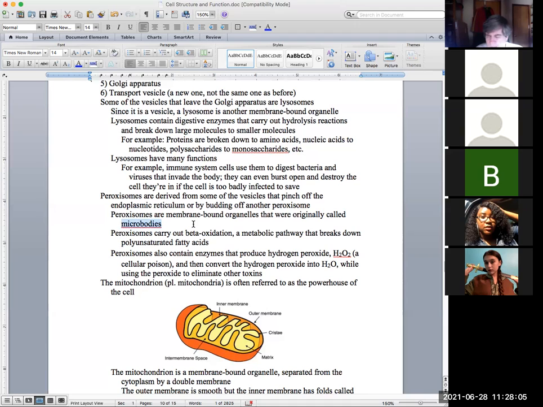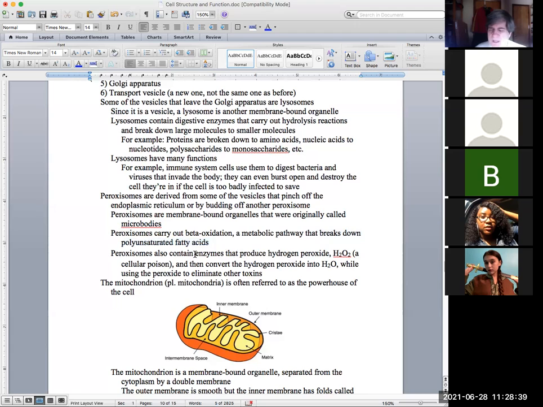That's the older name for them. And peroxisomes do two main things. They carry out a process called beta oxidation. And beta oxidation breaks down polyunsaturated fatty acids. Remember, unsaturated fatty acids have a double bond between two carbons. Polyunsaturated fatty acids have more than one double bond between carbon atoms. So usually they have two or three, but occasionally more.